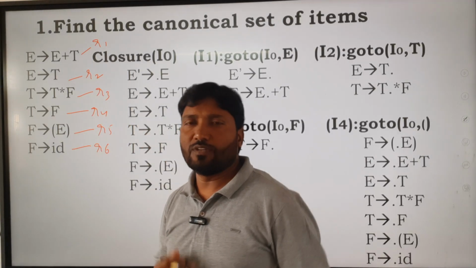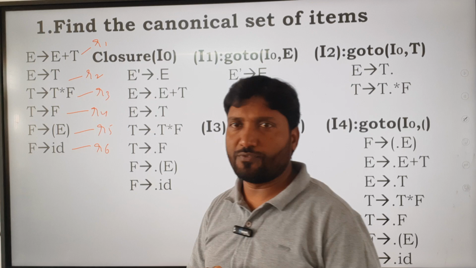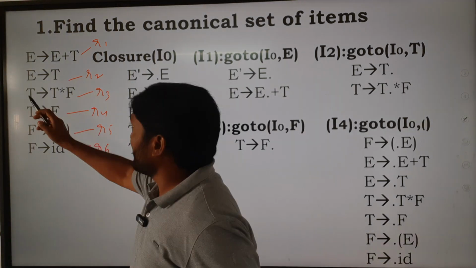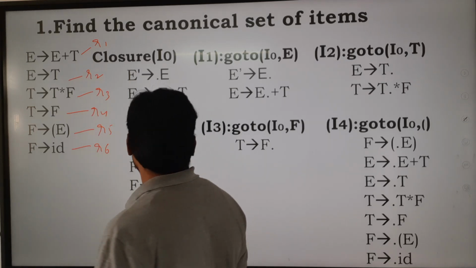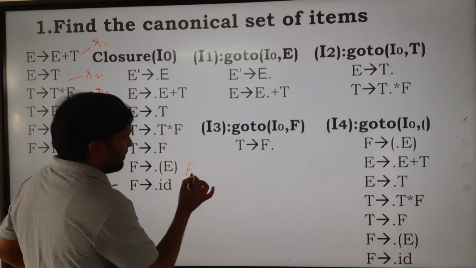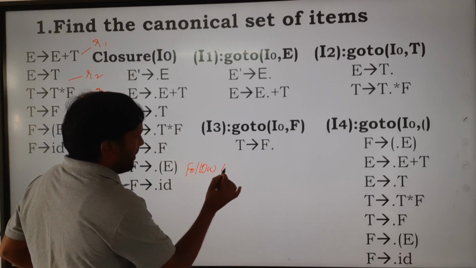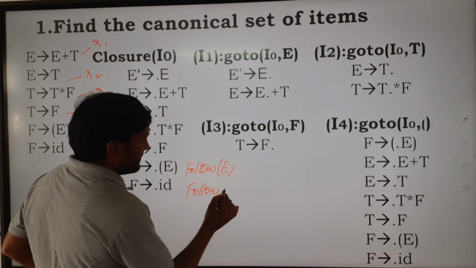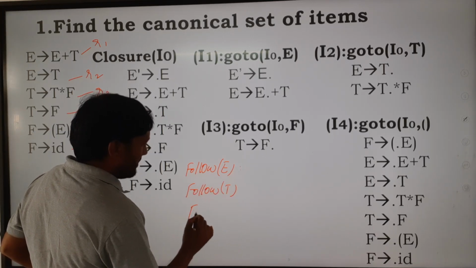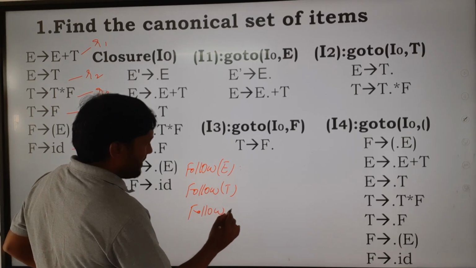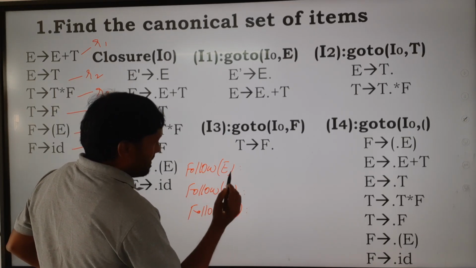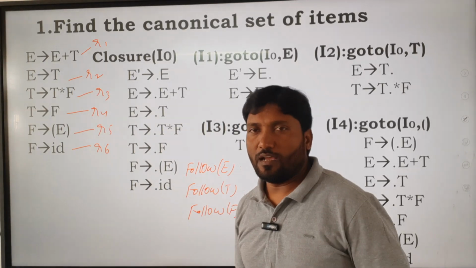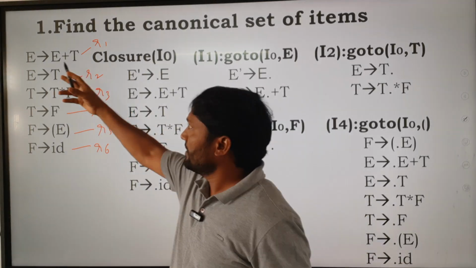Before that, we have to calculate the follow of E, follow of T and follow of F. To calculate the follow function for E, T and F, we check where E appears on the right-hand side.